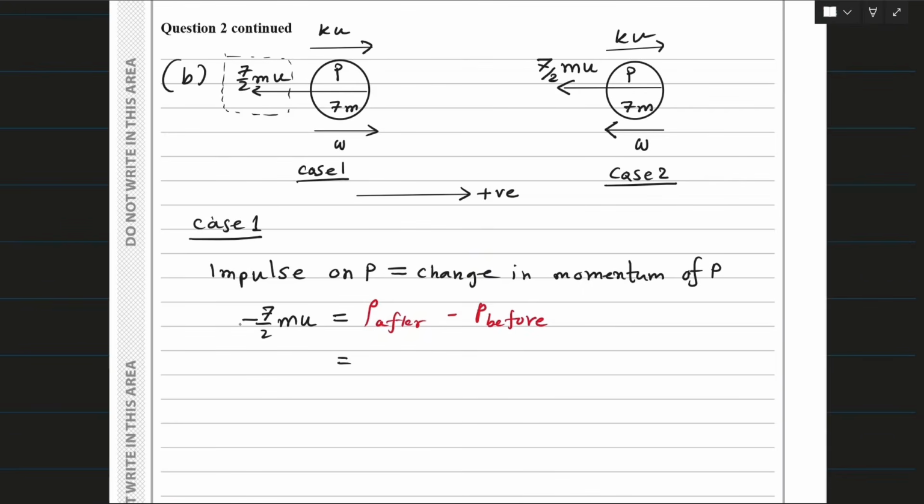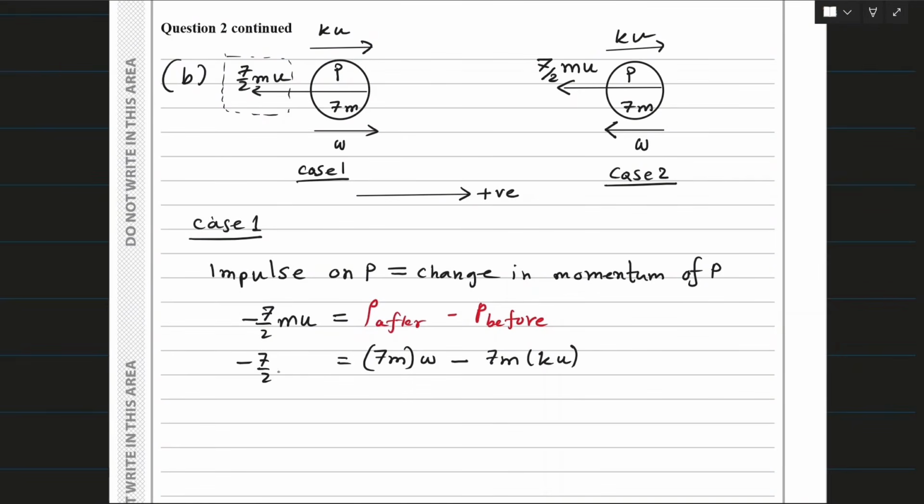So in case 1, the momentum after the collision is equal to mass, which is 7m, into velocity after the collision. Velocity after the collision is w in the positive direction. And then we subtract the initial momentum, which is mass into ku. Again, ku will be positive because we have considered that direction positive.